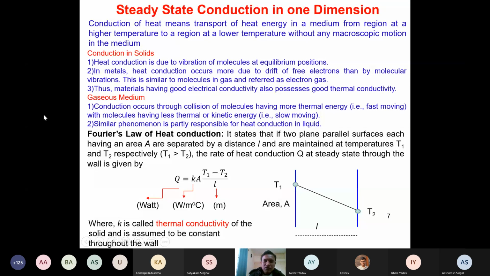Okay. A similar thing occurs also in the liquid, but in liquid, in addition to this, there are some more effects also present. Okay.